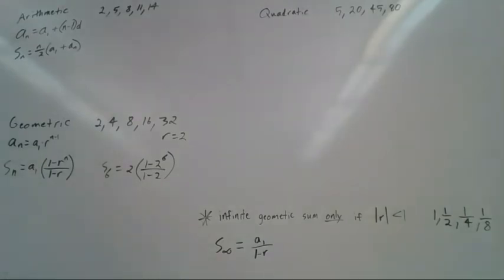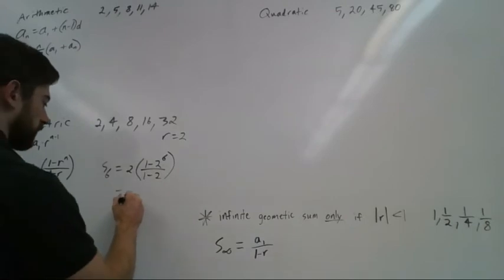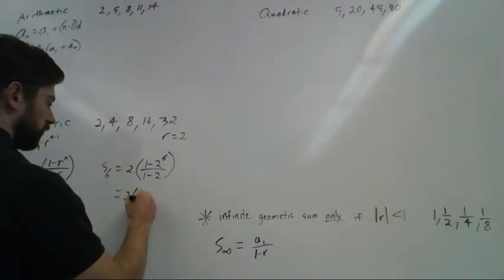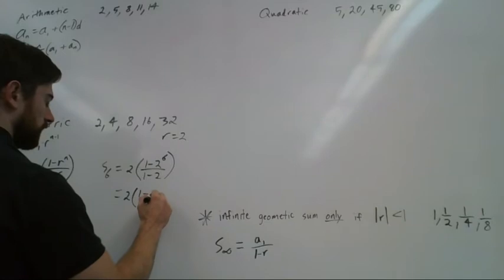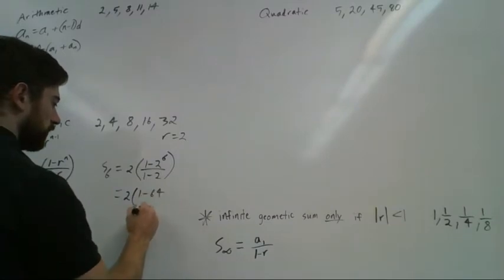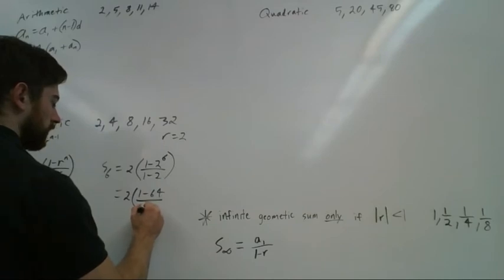So, if we work this out, we are going to get 2 times, in parentheses, 1 minus, that looks to be 64, over negative 1.